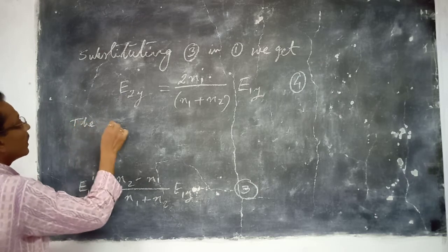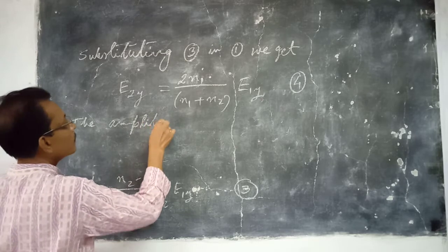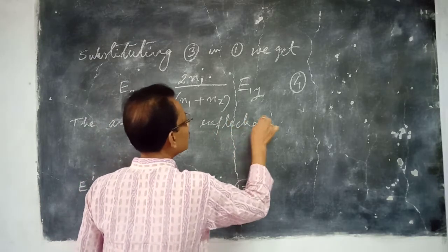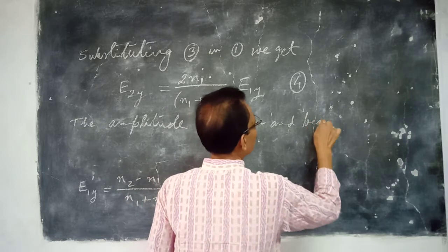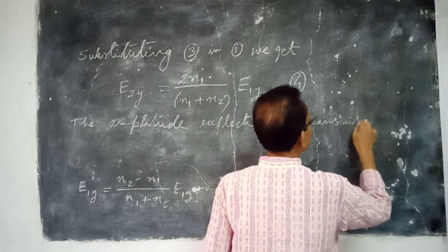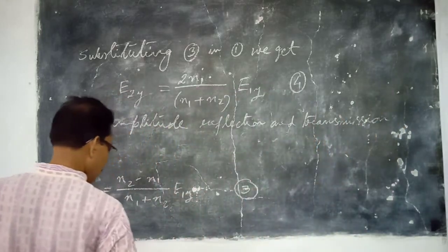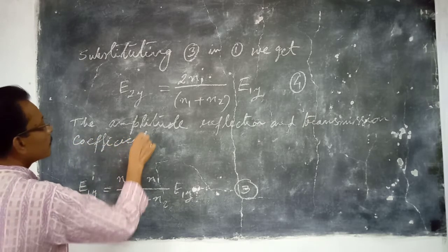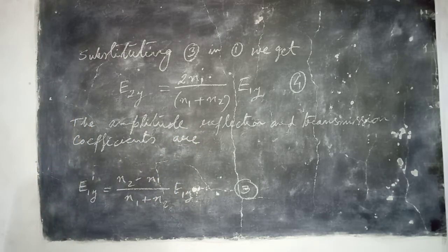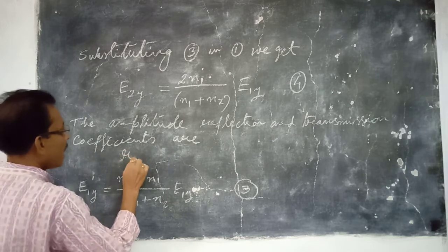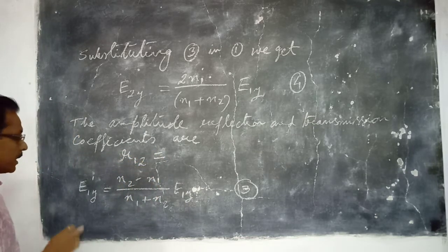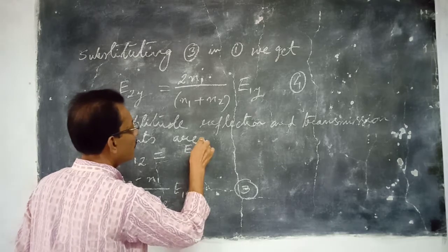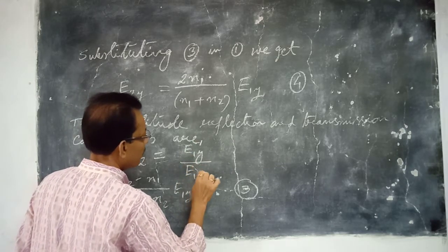Therefore, the amplitude reflection and transmission coefficients are: the reflection coefficient R12, that is the ratio of E1y prime by E1y.